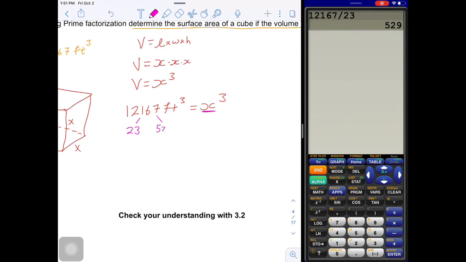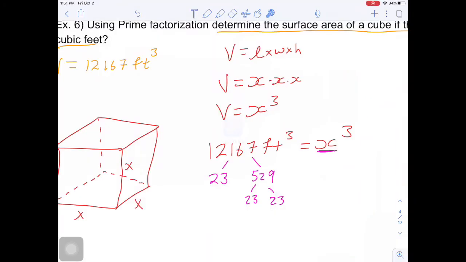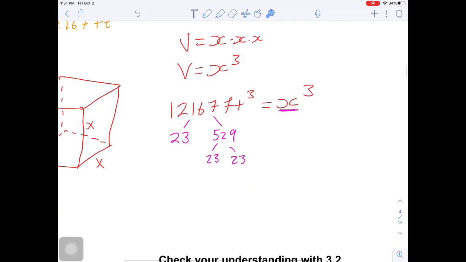That gives us 529. I'm going to try and divide this by 23 again. And that gives me 23 as well. Recognize 23 is a really big prime number. 23 can't be divided by anything else. So here, I know that I can group this into a group of 3, and this is 23 cubed equals 12,167 feet cubed.